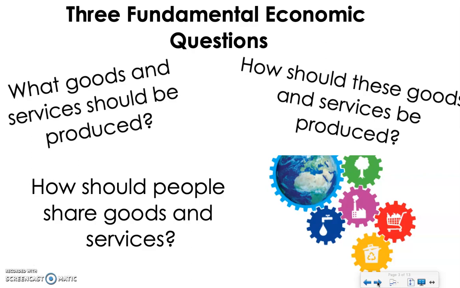Because of that, every economic system has to answer three fundamental economic questions. They have to decide what goods and services are going to be produced. So should a nation's limited resources be used to provide public goods, clean air, clean water, or to produce private goods, homes, cars, bicycles? The other question is, how should the goods and services be produced?